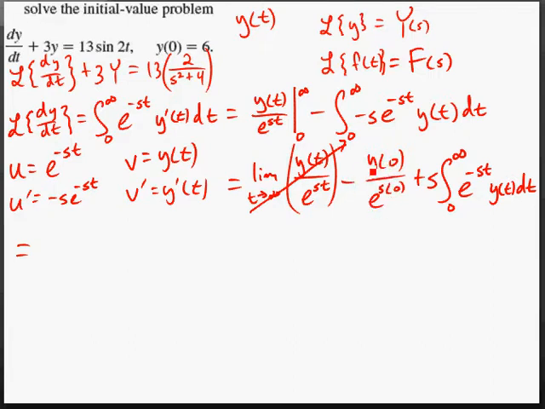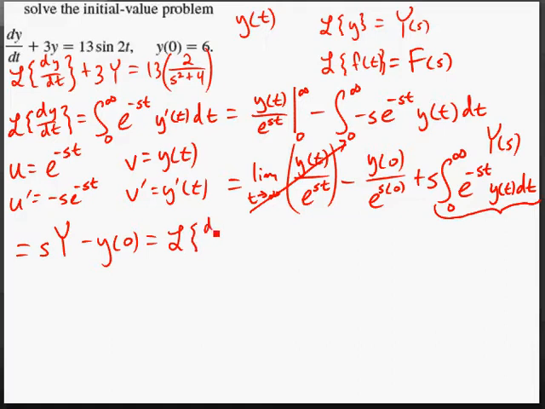And this right here winds up being s multiplied by the Laplace transform of y, which is just written as big Y of s, or just big Y. So what this whole thing simplifies to is s with a big Y minus y of 0. So this right here is equal to the Laplace transform of dy dt.